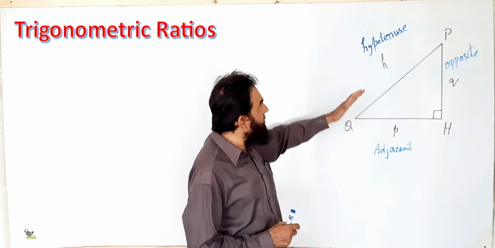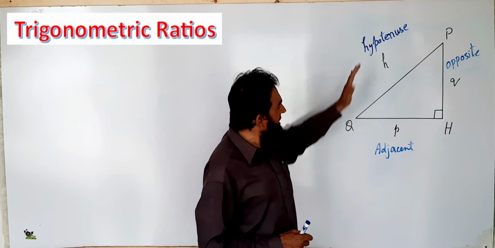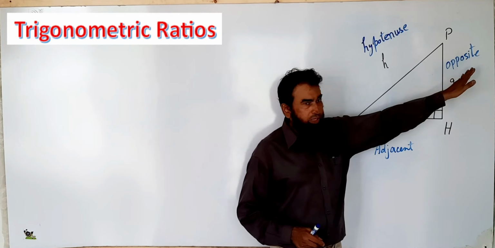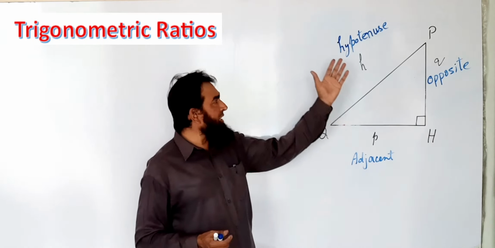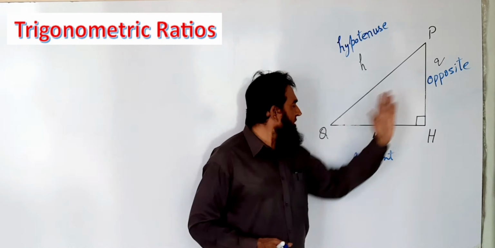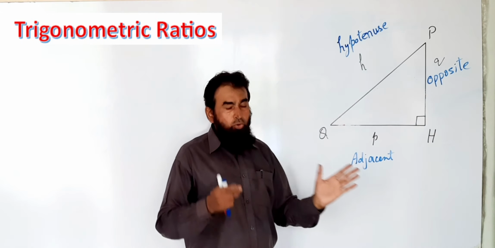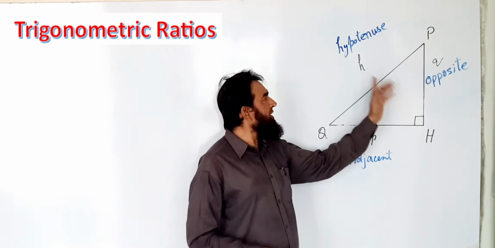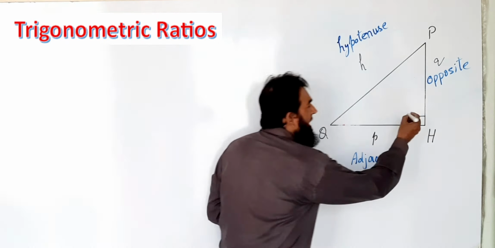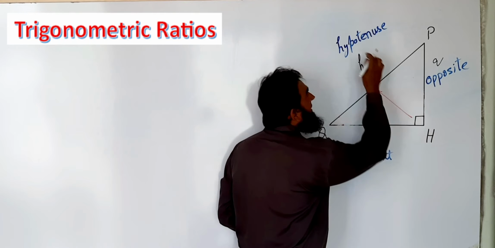Now here you can see that I have written hypotenuse, adjacent and opposite. What does it mean? I am going to explain. As you know, in the Pythagoras theorem, the side opposite to the 90 degree angle is called the hypotenuse. We are not going to change the name of this side.